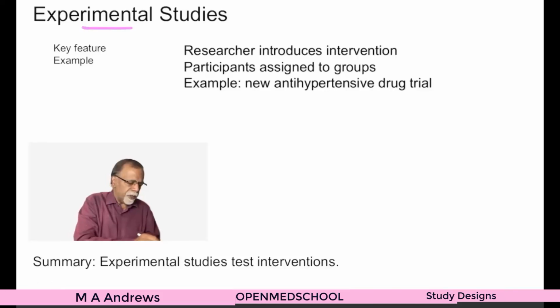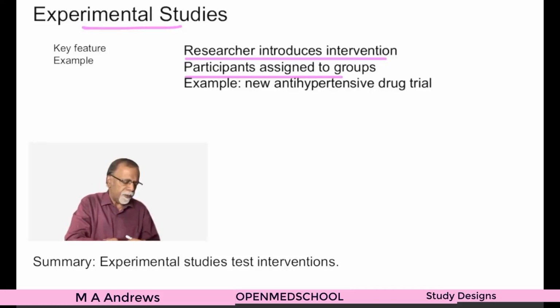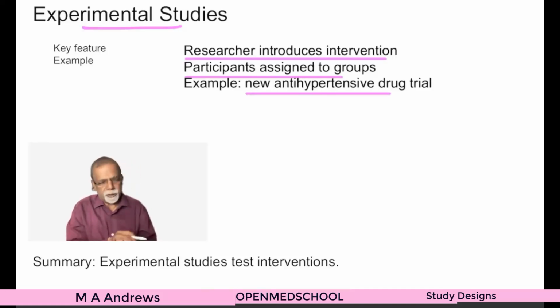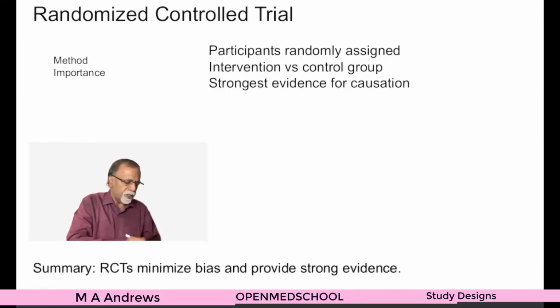Now we go to the experimental studies. These are where some intervention is done. The researcher introduces some intervention and participants are assigned to different groups. Some are given some intervention, others are having no intervention. Example is a trial of a new antihypertensive drug. It is an interventional study or an experimental study. So the classical one is the randomized controlled trial.